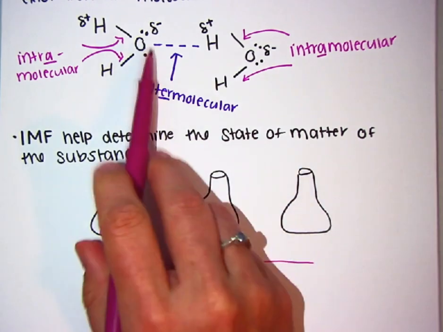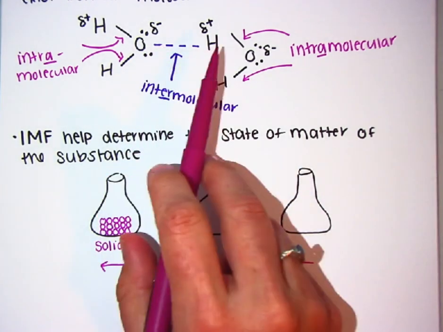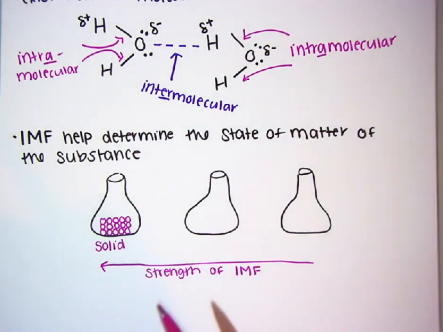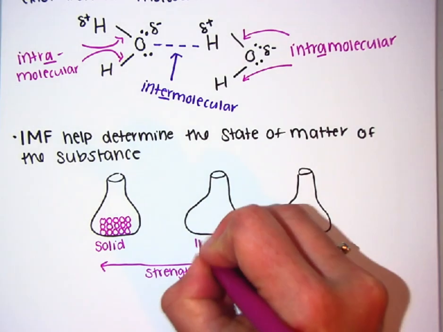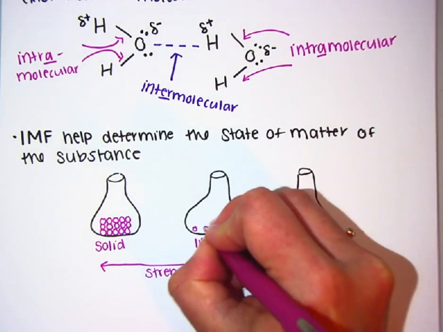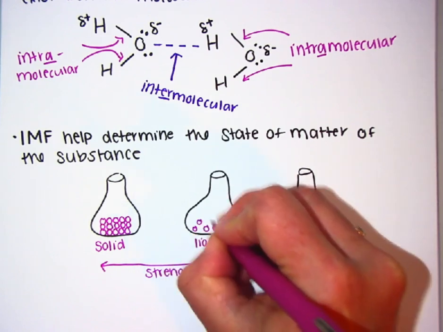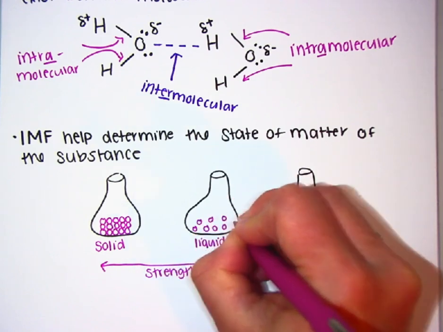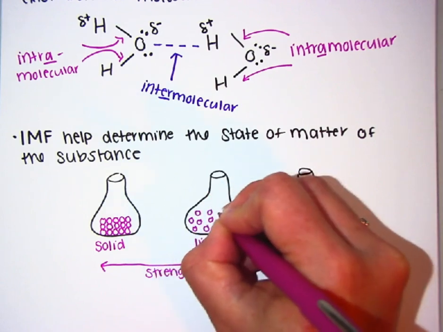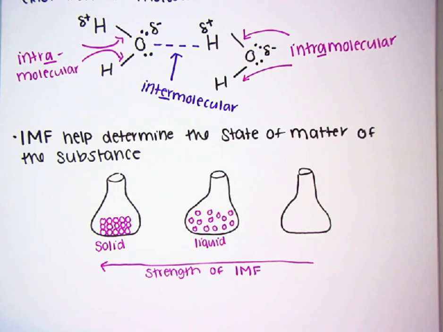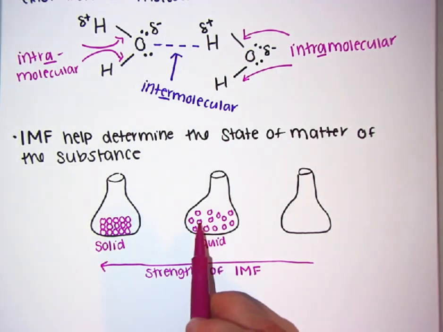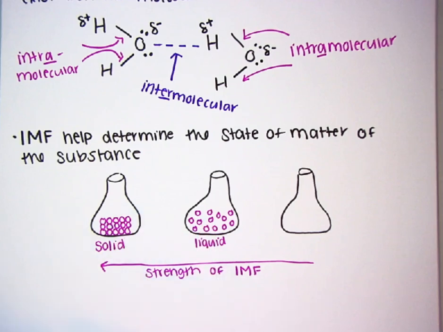So remember, intermolecular forces attract two molecules together. The stronger the force, the tighter those molecules get pulled in together. If we were to have a flask of a liquid, those molecules are going to be a little bit farther apart. So again, as that intermolecular force increases, those molecules get pulled tighter together like a solid.